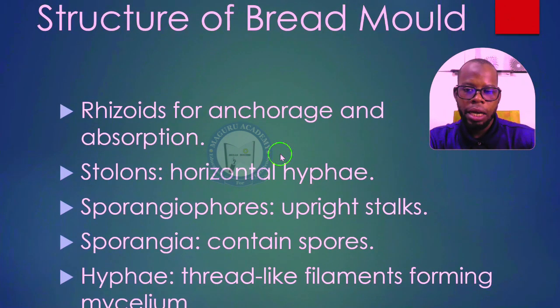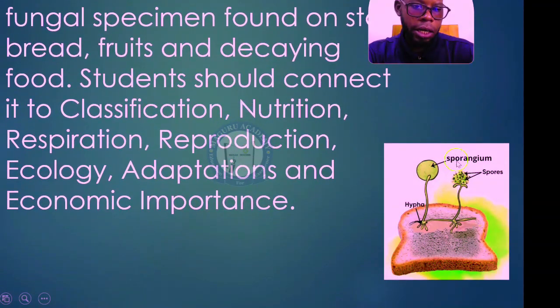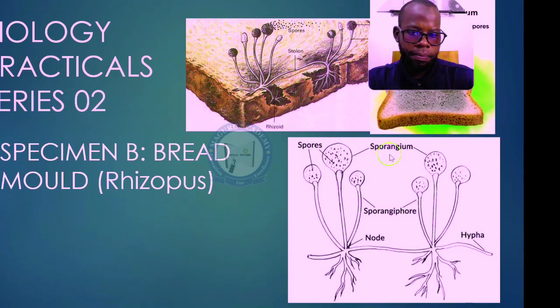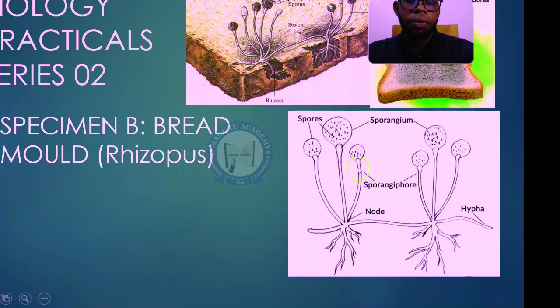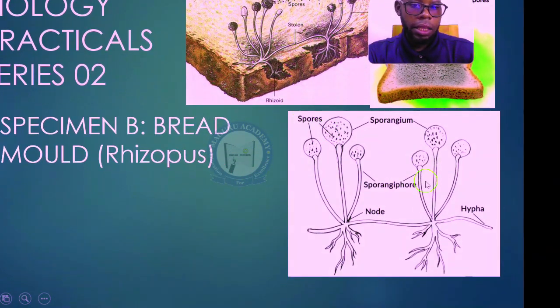The sporangiophore is like a stem, a stalk that is upright.